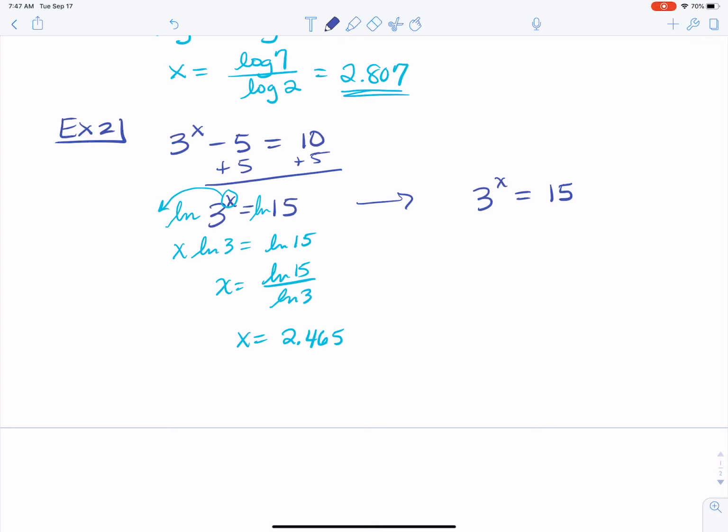So from this step, they like to do x equals log base 3 of 15. And then use the log base. Because if you have a calculator that does that for you, log base 3 of 15, then this form is really easy. Because now you just type it in, x equals 2.465. So now that calculators do that, this is obviously a lot shorter than what I just did. So y'all can pick whichever one you want.